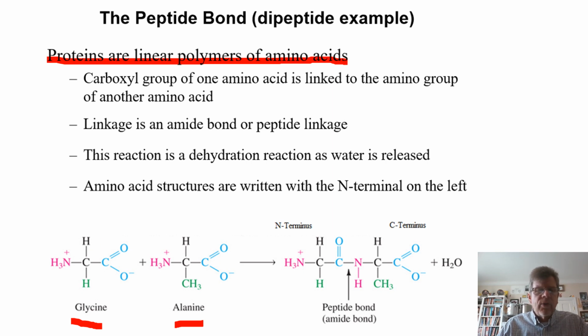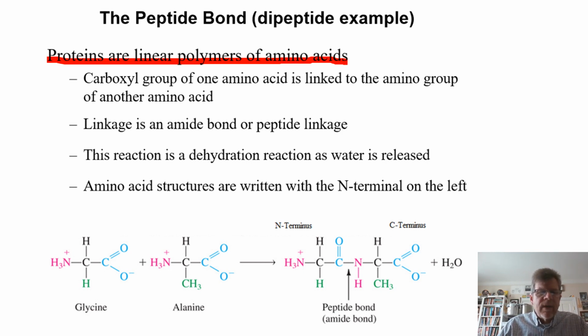So we put those end to end, and we end up having the carboxylate component on one amino acid right up against the amino group on the other amino acid. So we have this ability now to envision a connection.